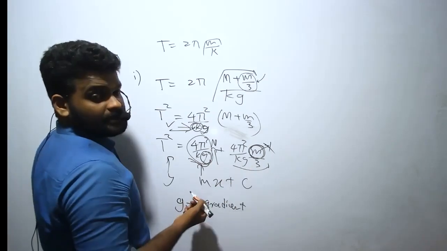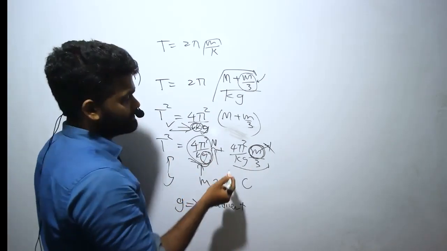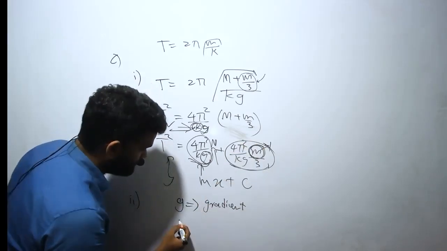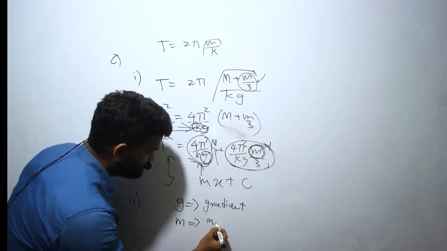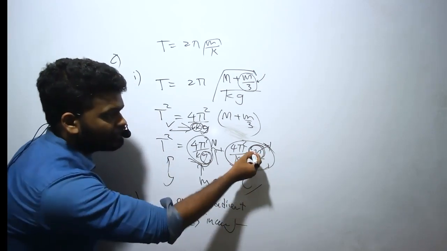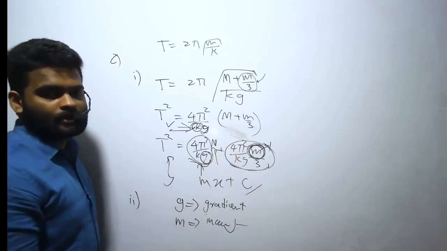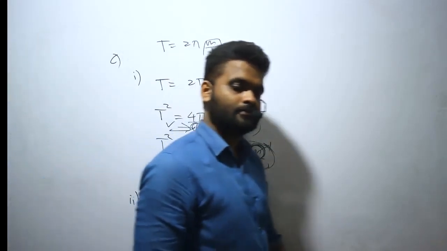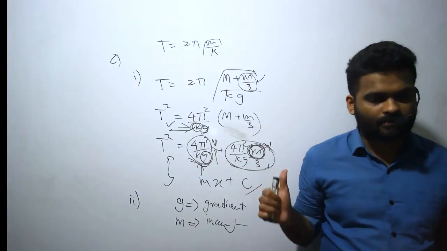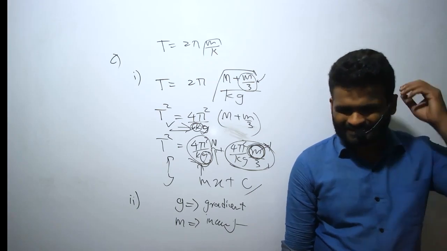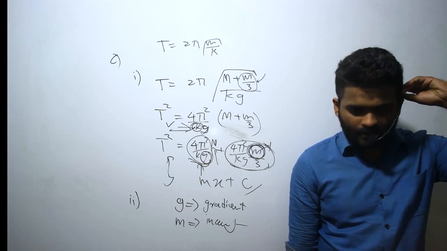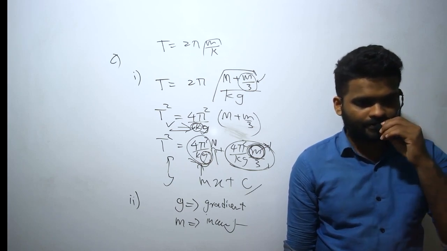Okay, so to determine small m, what do we need? Small m is included in the intercept. So small m can be found using the intercept. If the intercept is known, the only unknown in this term is small m. So you can find small m. Understood? Thumbs up, right, if you understood. Let me know if you have any problems. Do you have?